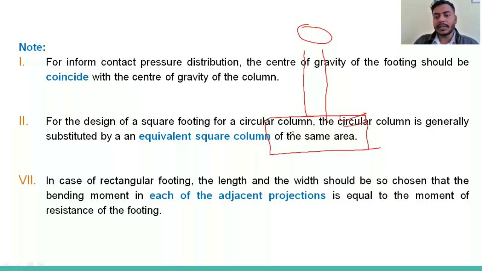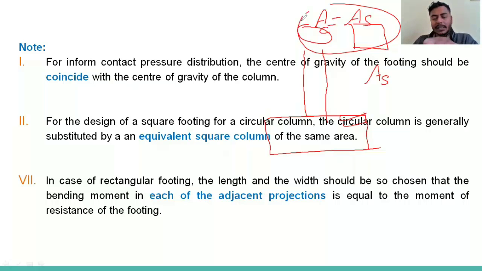To design a square footing, we assume this circular column is a square like this. Whatever the area of this square, it will be equal to the area of this circle. By keeping this in mind, we can go for the design of the footing.